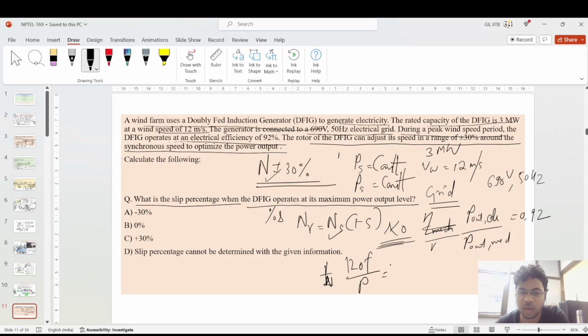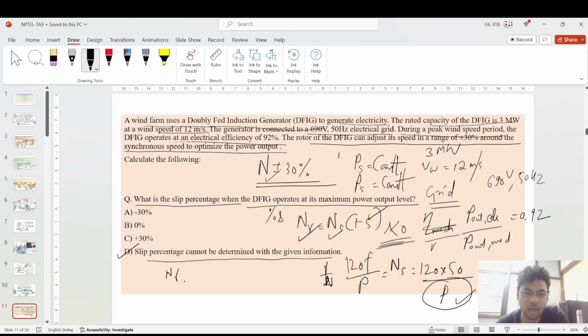You can calculate it: NS equal to 120 F by P, that is 120 multiplied by 50 divided by P. But we have not given the P, and we have also not given the NR. What is the actual speed? So how will we calculate this S?